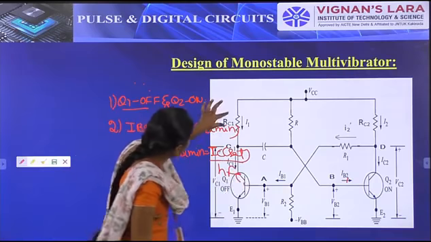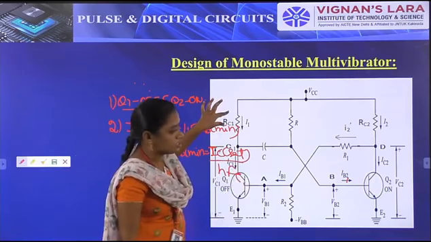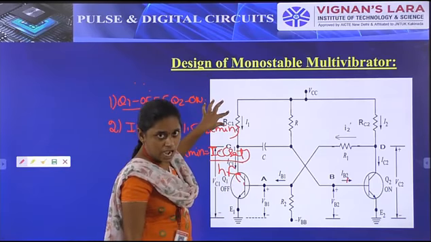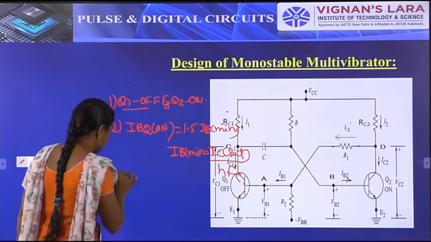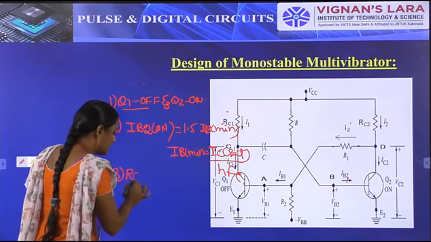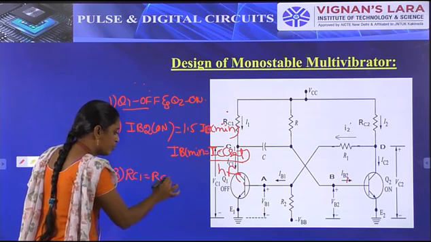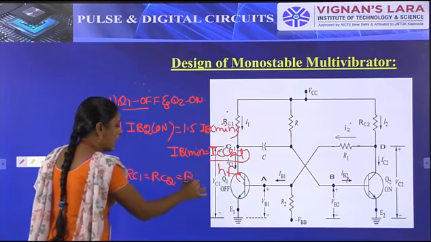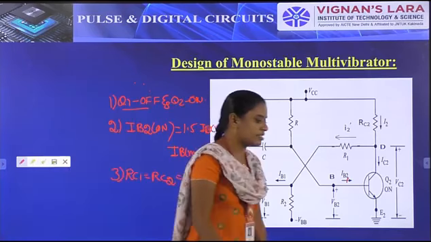The next assumption is the collector resistor RC1 is equal to RC2, which is equal to RC. Just we have to find the resistor value.